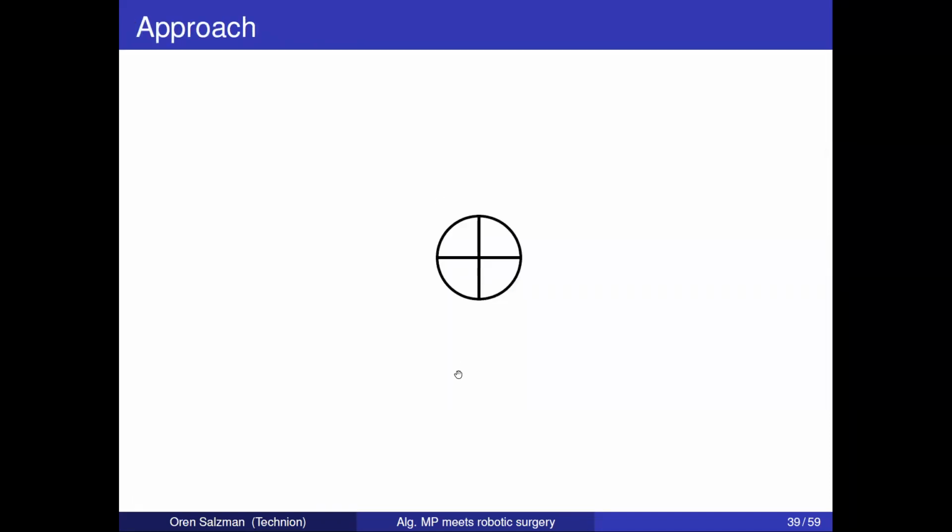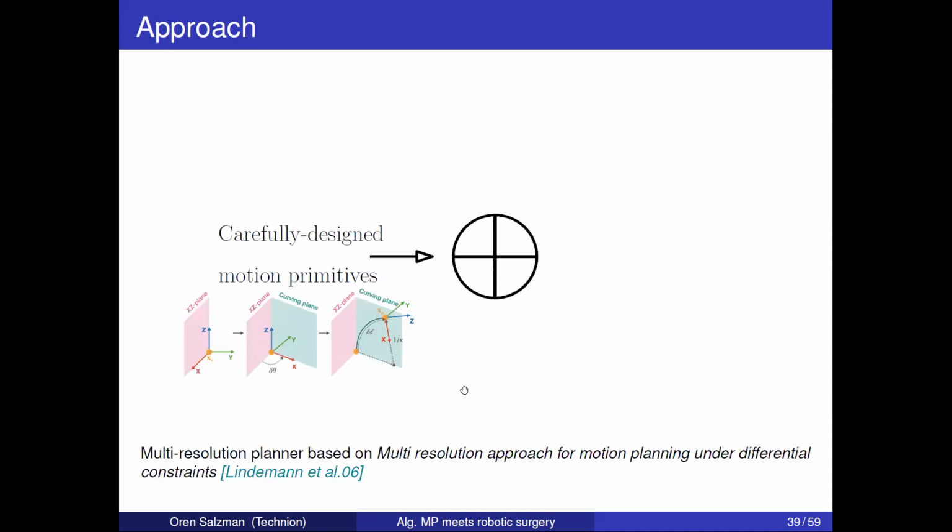Here we have an approach that is a combination of several algorithmic building blocks. On the one hand, we have a set of carefully designed motion primitives. For those of you who aren't familiar with motion primitives, these are a set of pre-computed motions that the system can take. And we apply them within a multi-resolution framework.